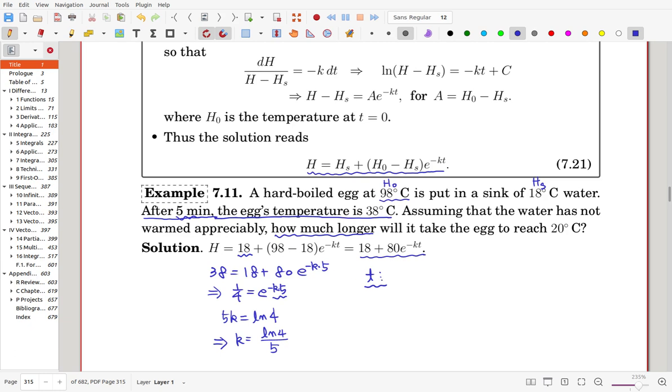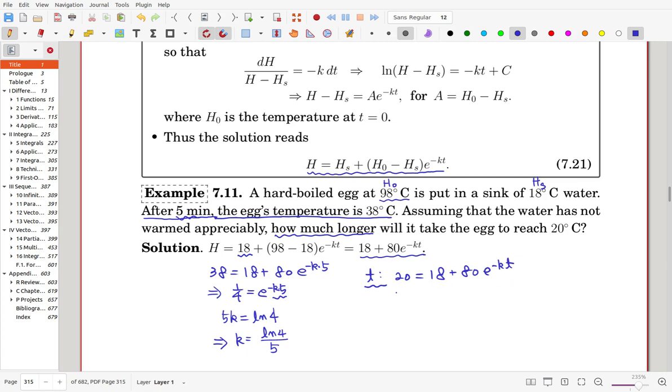We have to decide the time so that the egg temperature becomes 20. So 20 equals 18 plus 80 e to the minus kt. k is already decided, so we can decide the time.